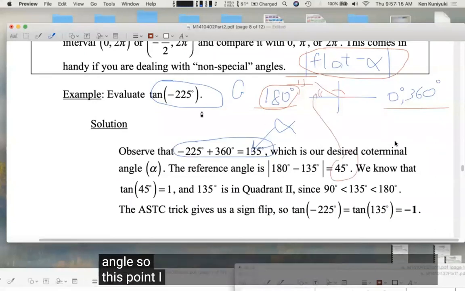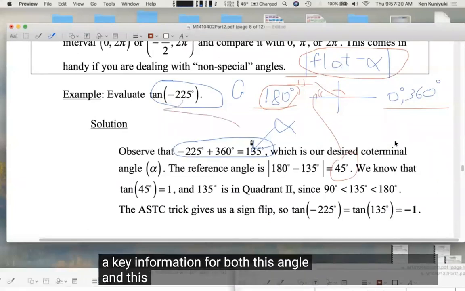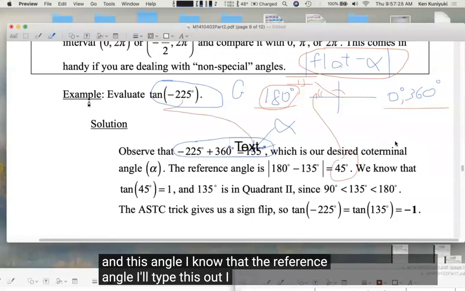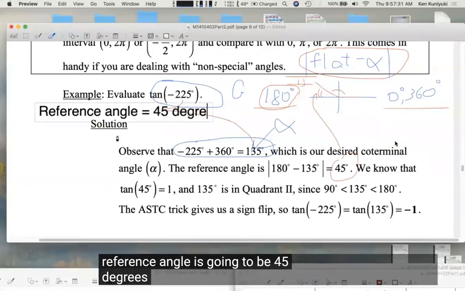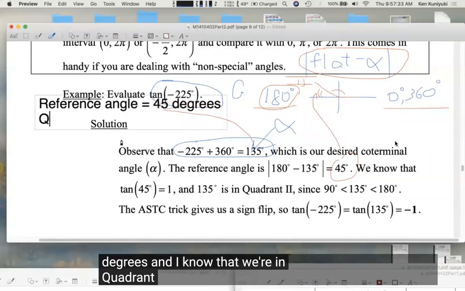So at this point, I know the key information for both this angle and this angle. I know that the reference angle is going to be 45 degrees, and I know that we're in quadrant 2.